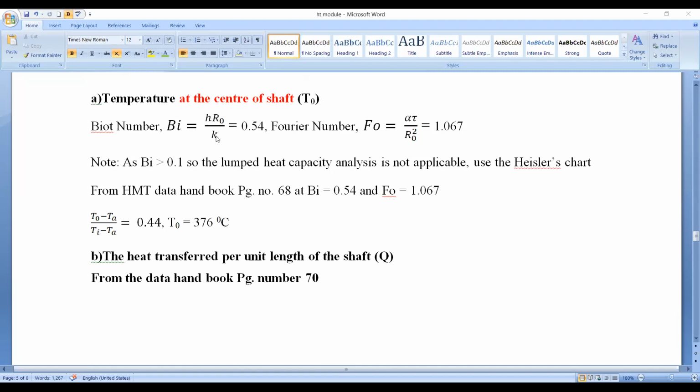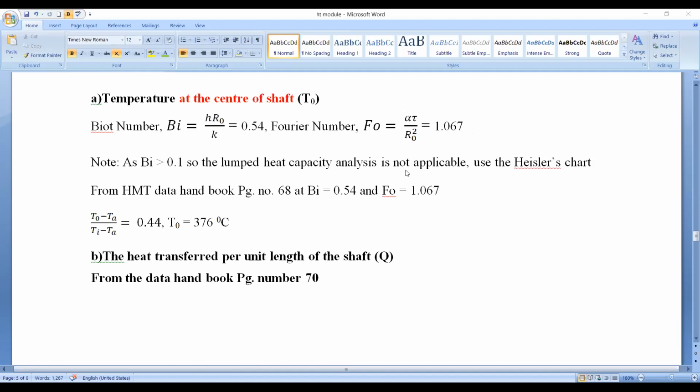For cylindrical and spherical geometry, for a type 2 problem, the Biot number is h R naught by k. You know all the values, substitute, and the value is 0.54. Similarly, the Fourier number Fo equals alpha tau divided by R naught square. You'll get 1.067. So this is the Fourier number.